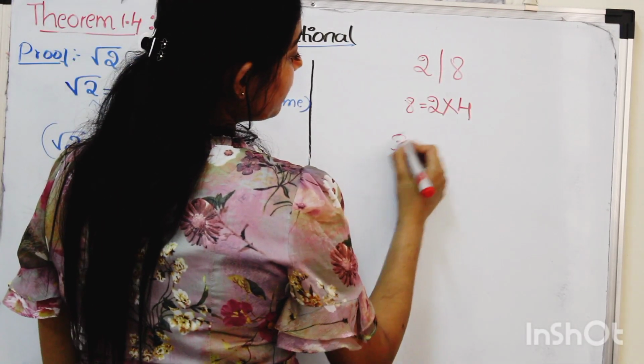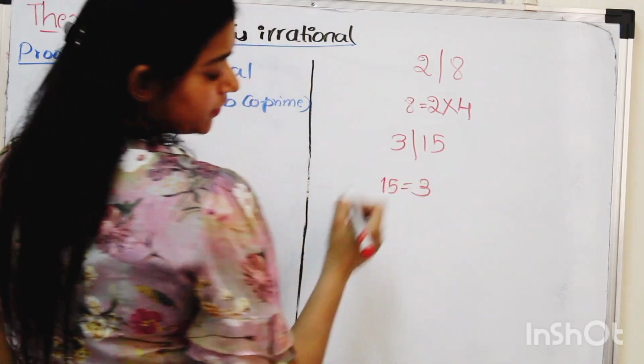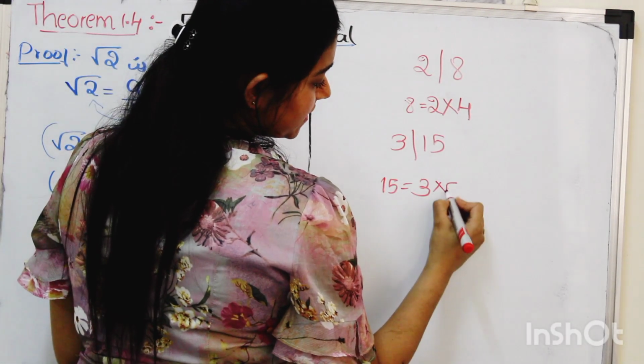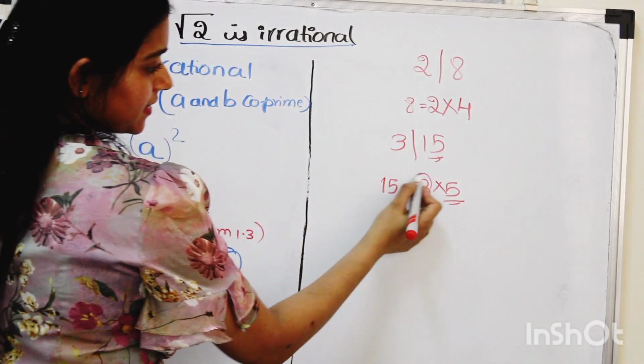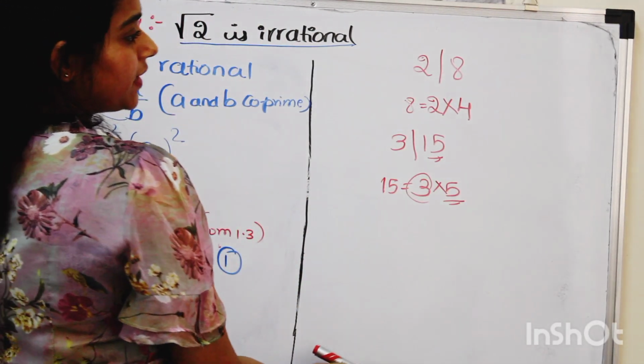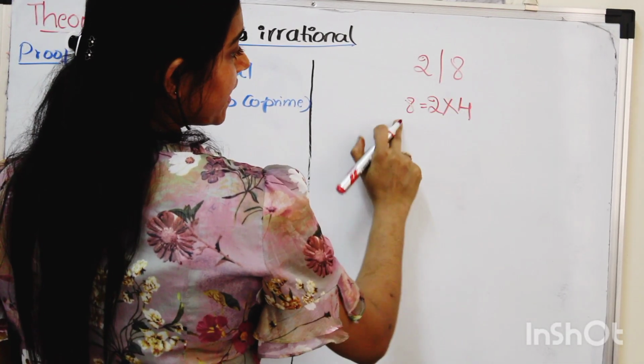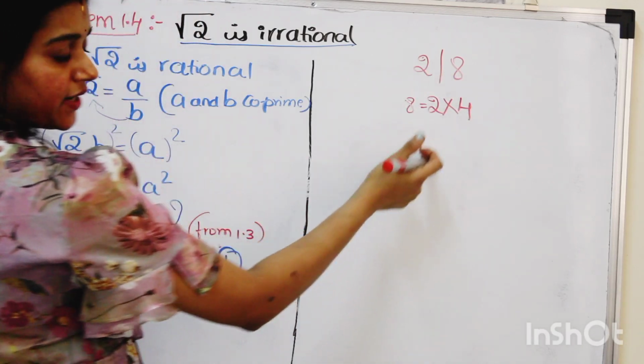Similarly, if 3 divides 15, then 15 can be written as a multiple of 3. 3 fives are 15. So you can write the multiple of that number by which it is divisible. Now 2 divides 8 means 8 equals 2 into 4.